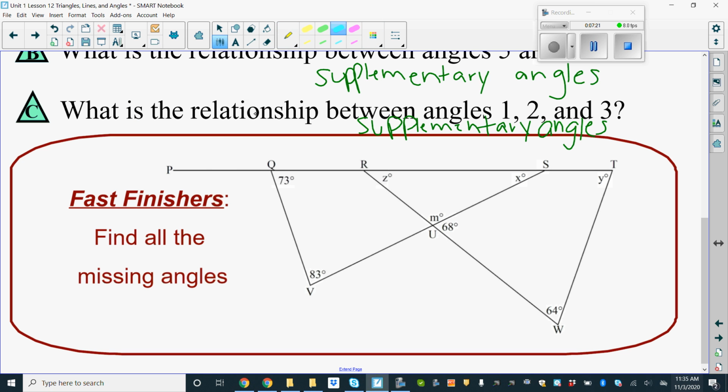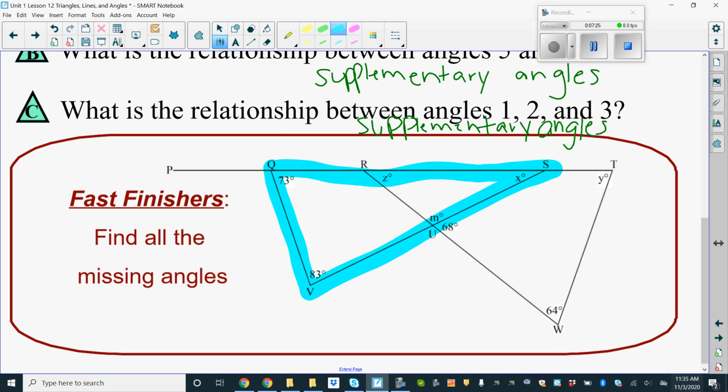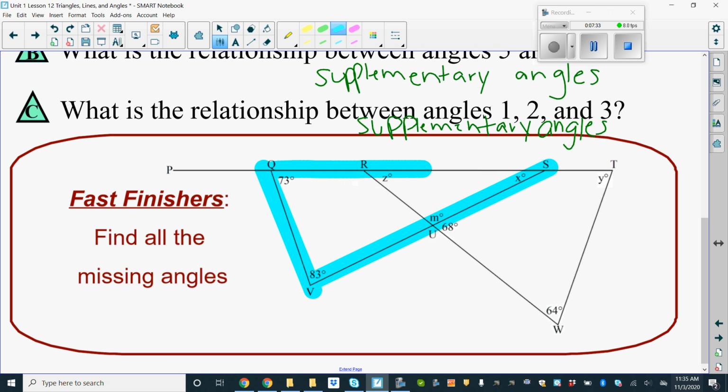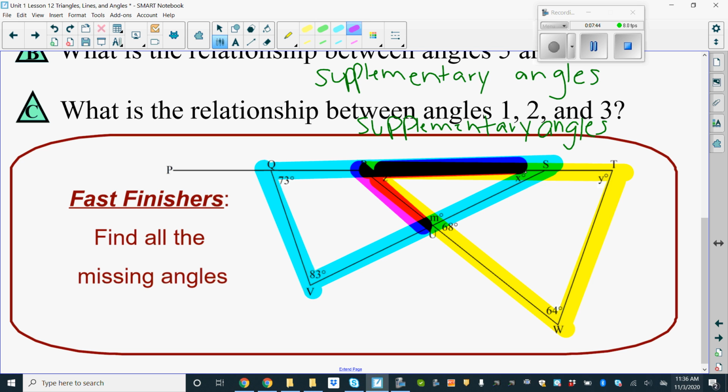We have this larger triangle, and then we have this larger triangle as well, and then we have this smaller triangle in here in the middle. Just so you could see all of that.